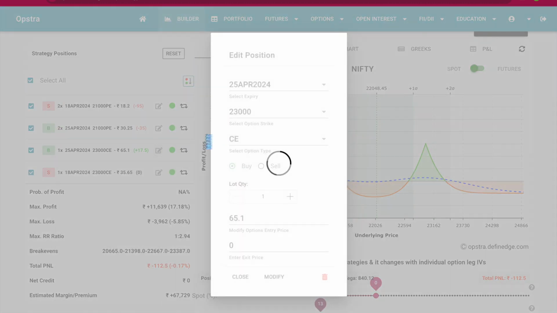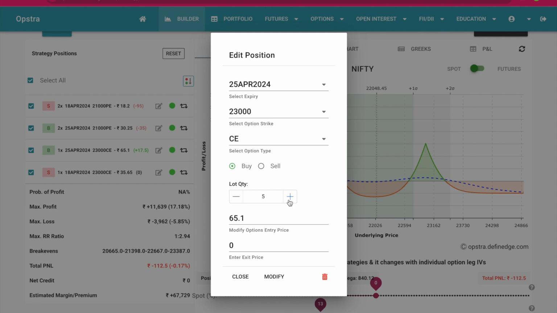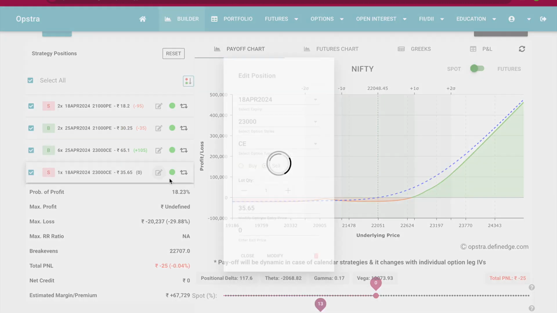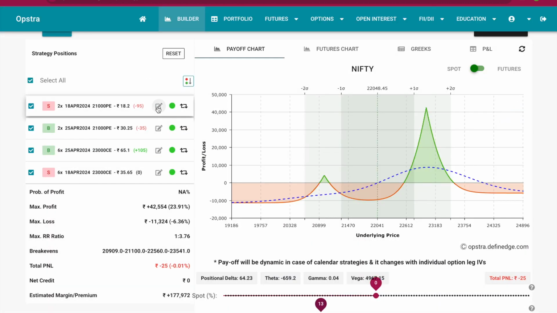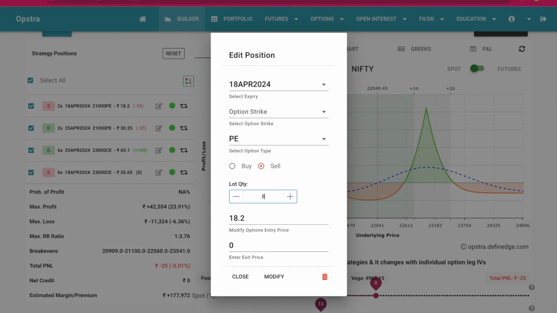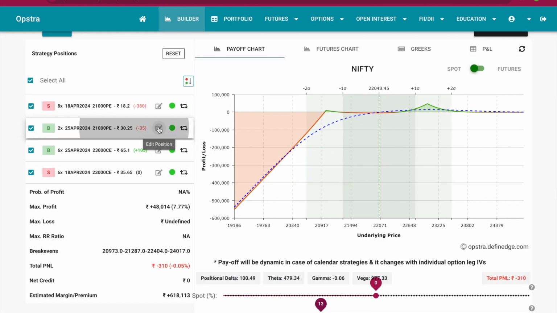What we'll do is increase this, we can go with like 6 lots, and then go with 6 lots on this and 8 lots on that. So that would be a good ratio. Here is the 8 lots.